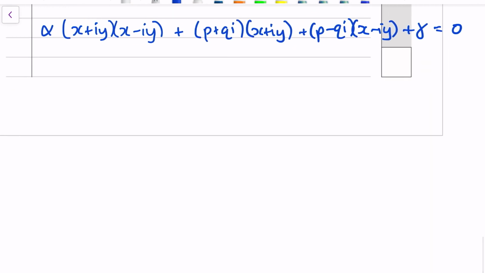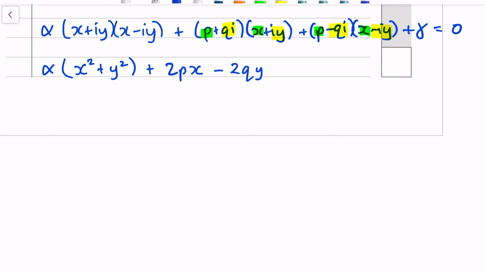The first term there, when I multiply those brackets, it's a difference of two squares, so I get x squared plus y squared. We were expecting that. The next terms, if I expand out these brackets, I get p times x, and I get another px in that one, so 2px. I get a minus qy out of that, because i squared is minus 1, and I get another minus qy out of that one, so it's minus 2qy.